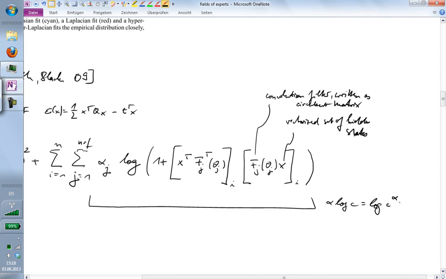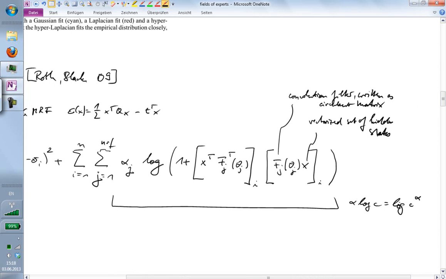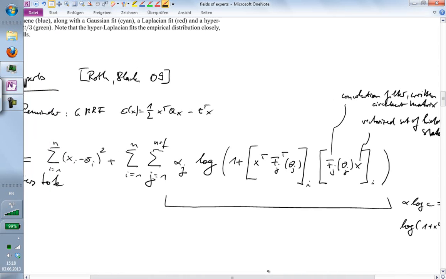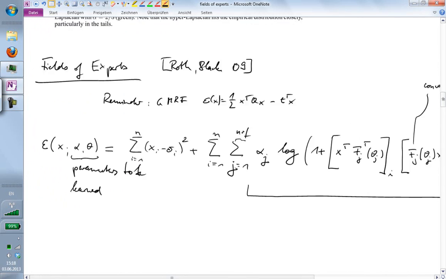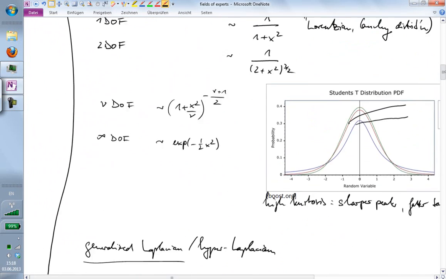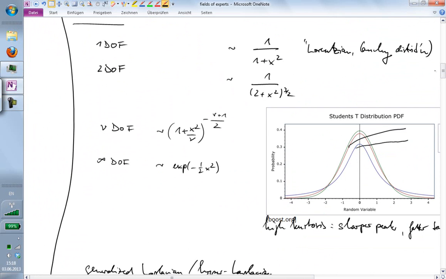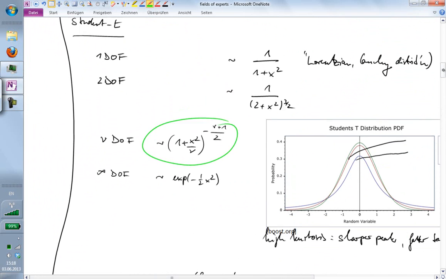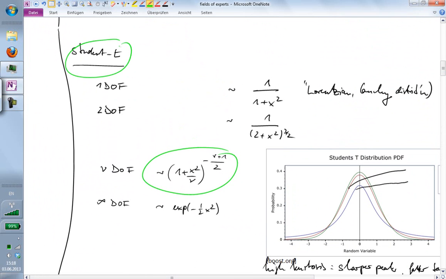And so what we write here is essentially log of 1 plus x squared, to the power of alpha. And we had already seen something like this. So 1 plus x squared to some power. This is reminiscent of what we saw here. And this was a student t distribution.